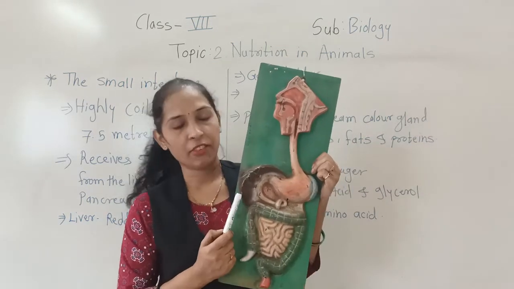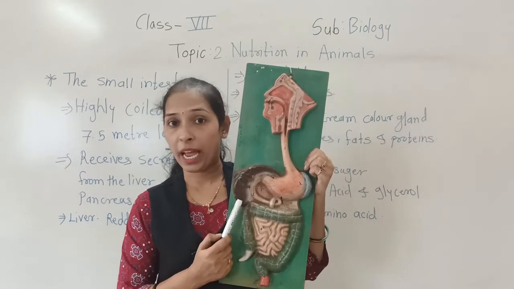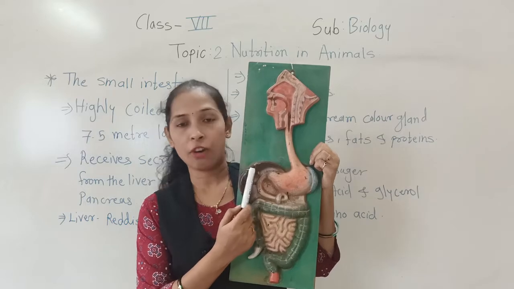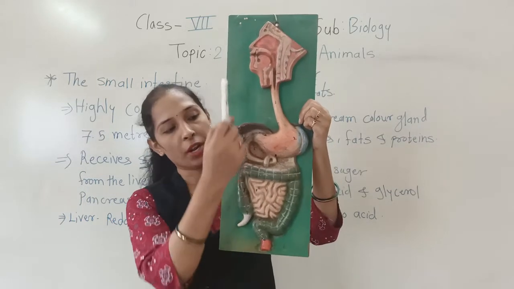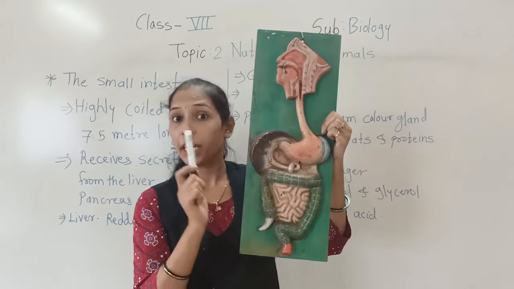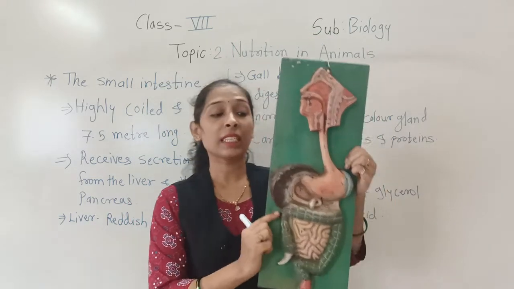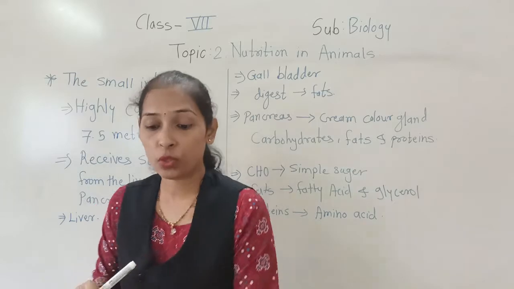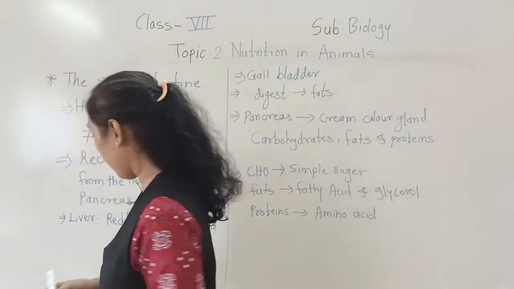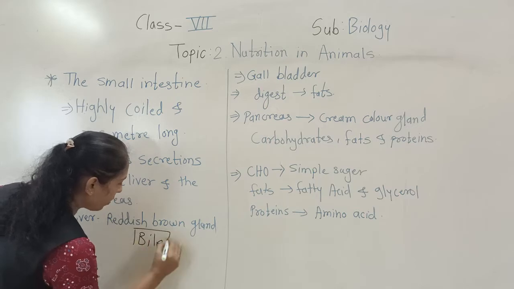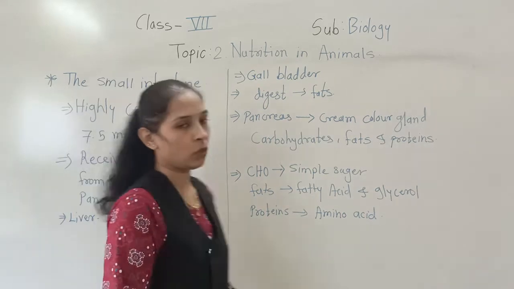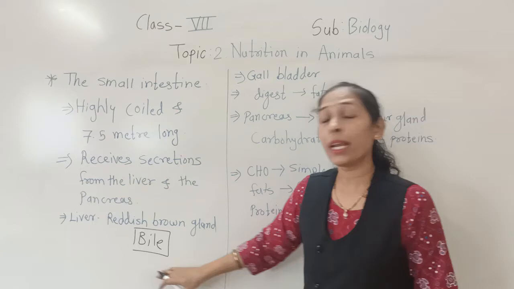So here in the model you can see this is nothing but the liver. Okay, so this liver secretes one digestive juice, and the name of that juice is what? Bile juice.